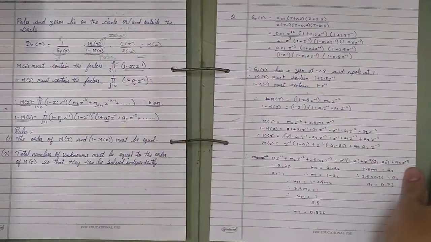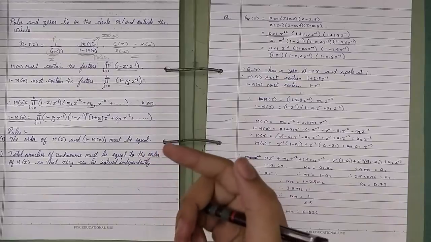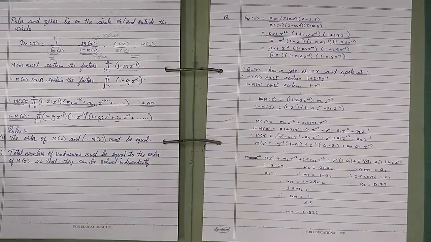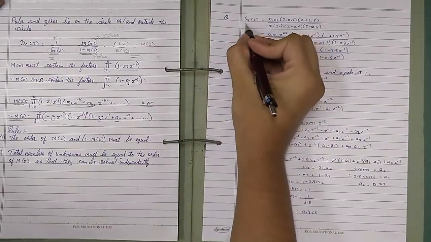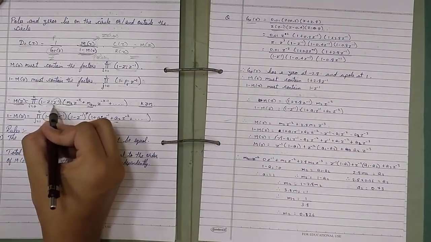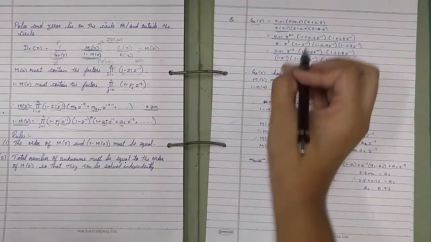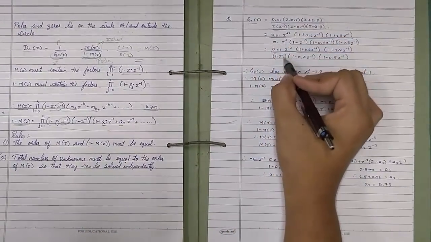I have taken up a sum which will explain this formula in a much simpler format. First you have Gp(z) given to you. As you know, your formula is in the form of z inverse, so you need to convert your transfer function into the form of z inverse.